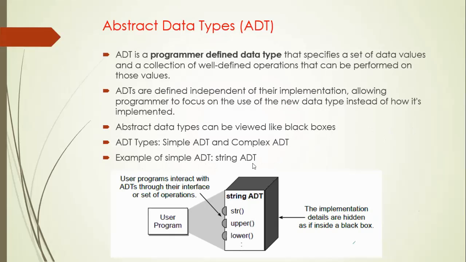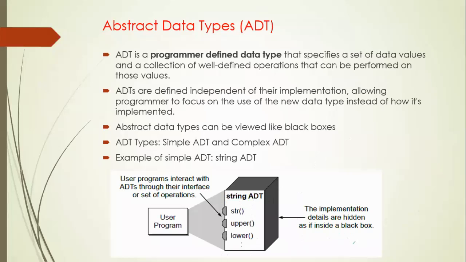An example of a simple ADT is the string ADT. This is a black box which is treated like a string ADT, where there are many methods. These methods also act like an interface to the user programmer. So in a user program, you just call those methods on a certain string, and those types of operations were already implemented in this string ADT by the built-in environment in Python, in a module like string, for example.